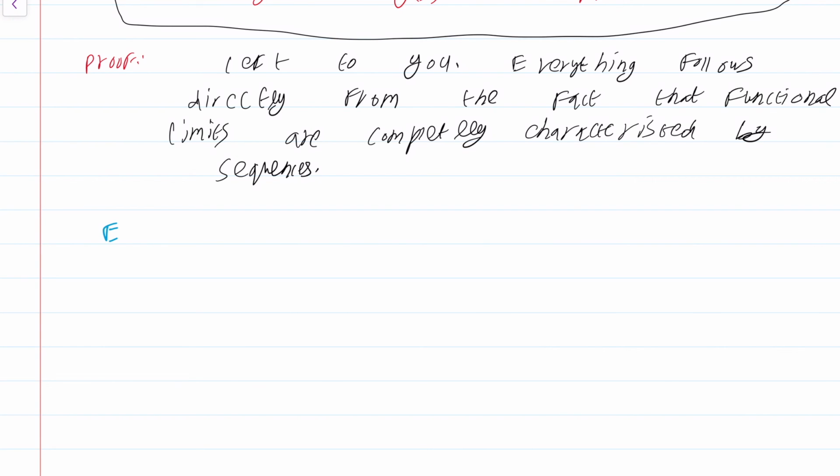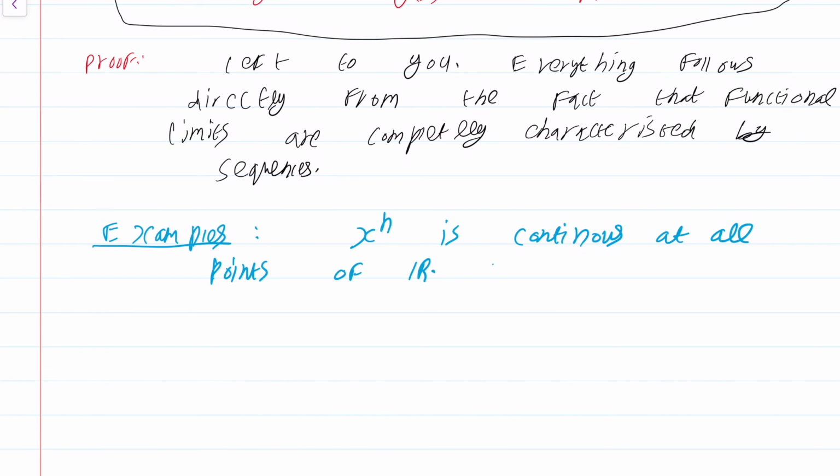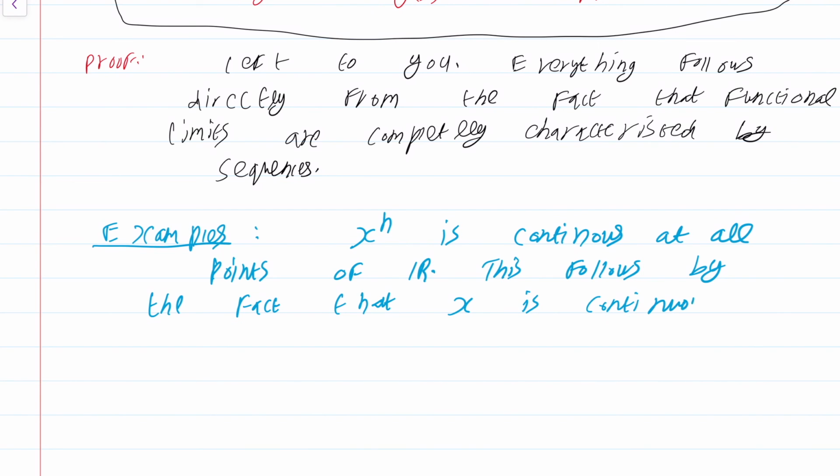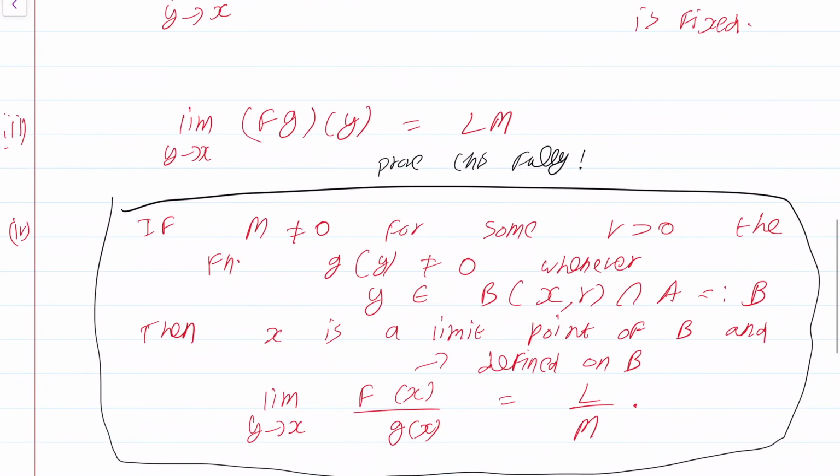Examples. x to the n is continuous at all points of R. This follows by the fact that x is continuous and three of the previous theorem, right?